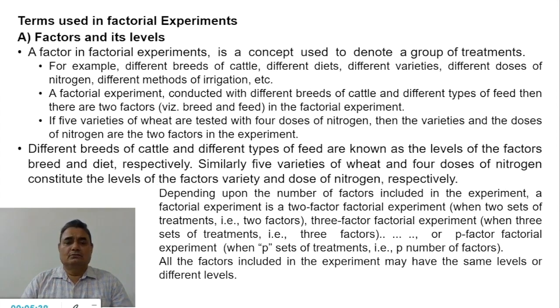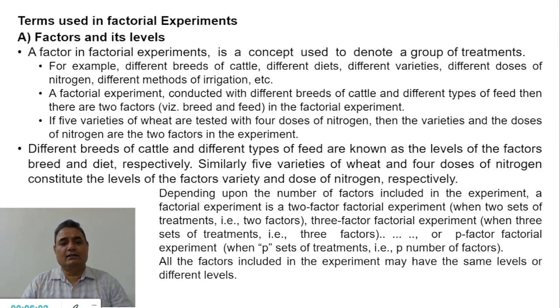A few terms I want to mention here which are used in factorial experiment. Factors and levels. A factor in factorial experiment is a concept used to denote a group of treatments. For example, if we are using cattle, then cattle is a factor.